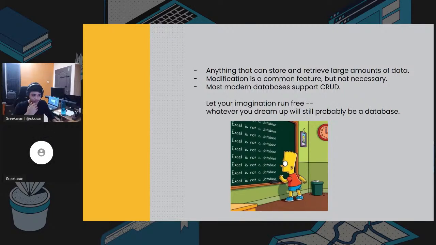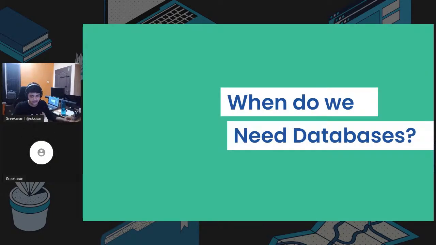All right, perfect. So next, when do we need databases? This is also another important aspect that we need to cover. When you're building an app and your code needs to persist state or carry over data over multiple different iterations, multiple different runs, that is when you need a database.